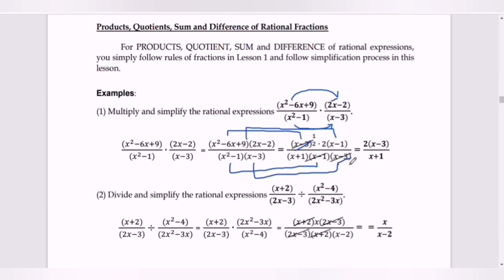And then also for our x minus 1, so then in the numerator, there is a remaining x minus 3 here, and also the 2 here. So this will be cancelled. So therefore, we have 2 times x minus 3. And then for our denominator, x plus 1. So this is the only one left. So our answer for this example is 2 times x minus 3 divided by x plus 1.